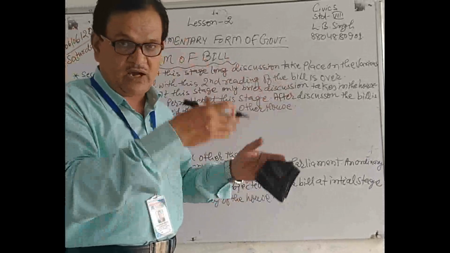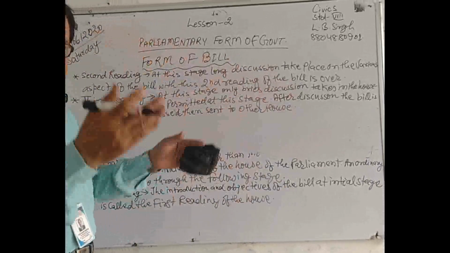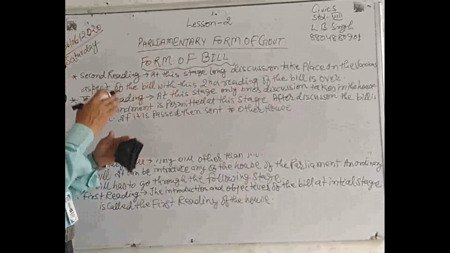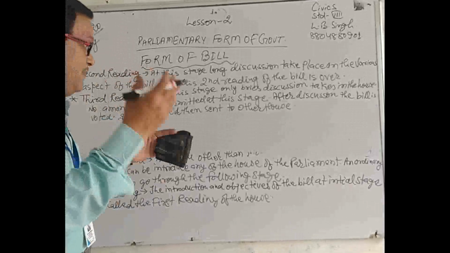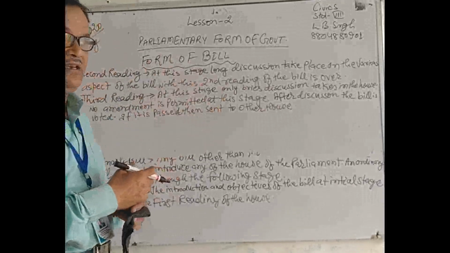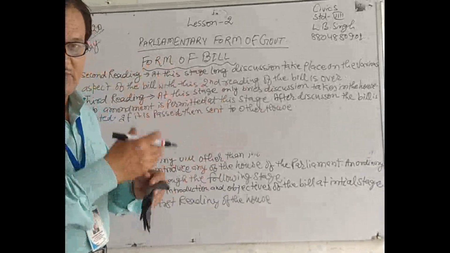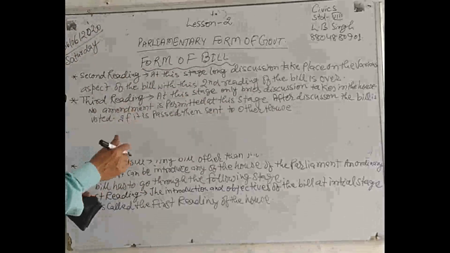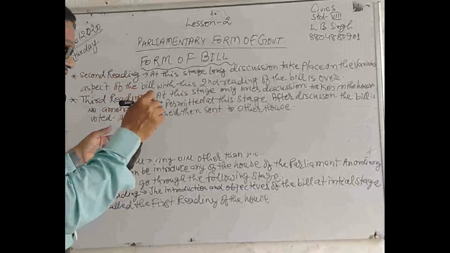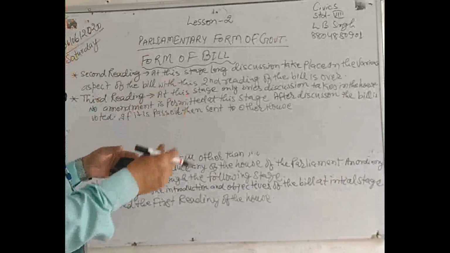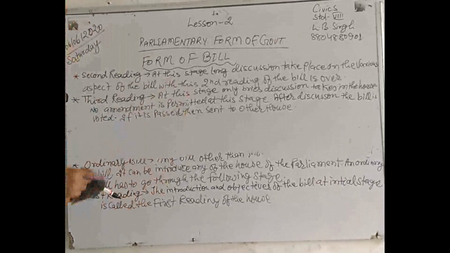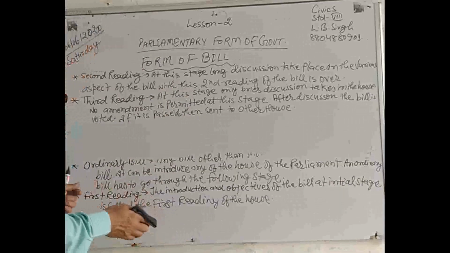That means a Lok Sabha and Rajya Sabha joint session will take place at one place regarding the bill. If there is no contradiction between the members of both houses, that bill is passed with the approval of the president. Now this bill becomes the law for the country.